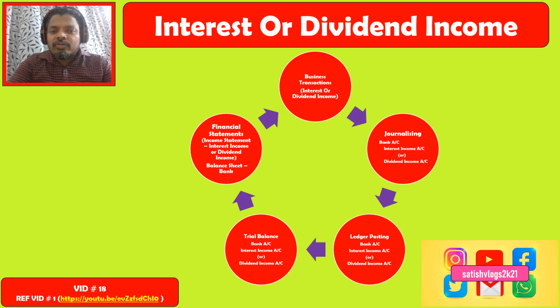Now let's move to the fourth phase of an accounting cycle, which is the trial balance phase. Trial balance is nothing but the summary of the balances of the ledger accounts. So we have created the accounts for dividend income or interest income and the bank account. The balances for these accounts are required to be updated in the trial balance, right?